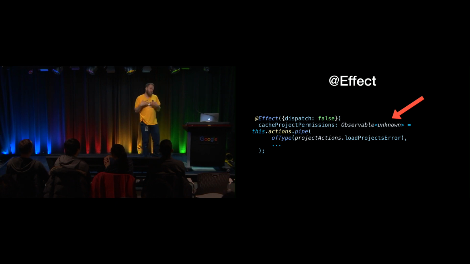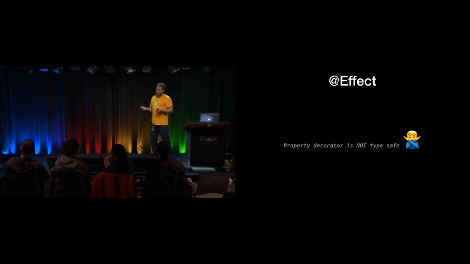It just has to be an Observable of anything. So now we have two different situations based on a specific config, which is dispatch. However, again, property decorators are not type safe. They cannot enforce the type of that property, so there's no way to enforce that. And we were getting those errors at runtime.